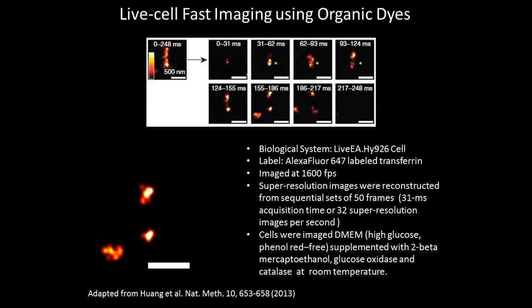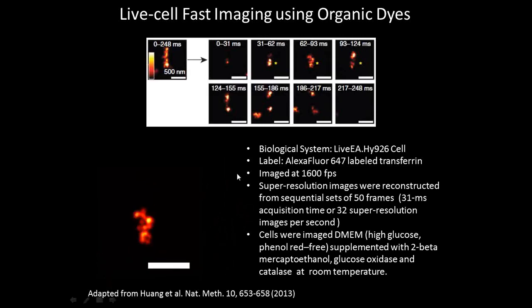So if you wanted to image even faster, look at faster dynamics, the route to go would be to use an organic dye because you are getting 10-fold higher number of photons with an organic dye. And here's an example, again, from the same paper.